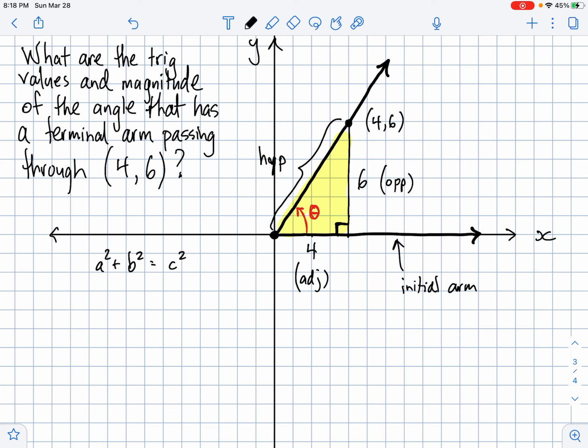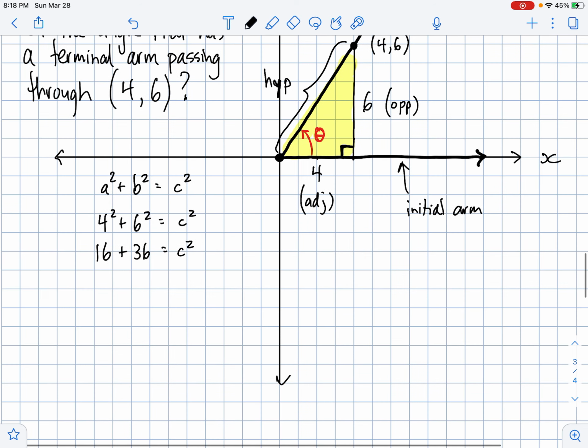So we'll put in 4 squared plus 6 squared equals c squared. So you've got 16 plus 36 equals c squared, so 52 equals c squared, and c equals the square root of 52, which is divisible by 4.